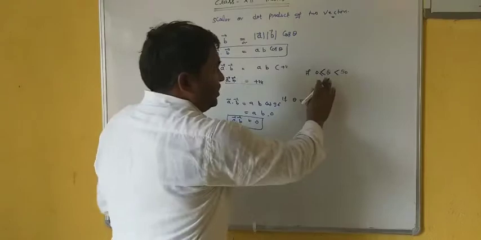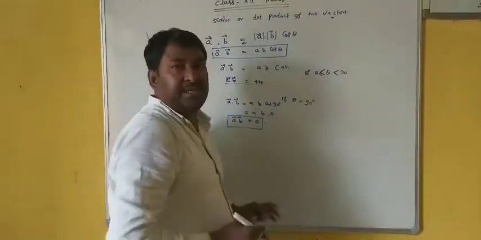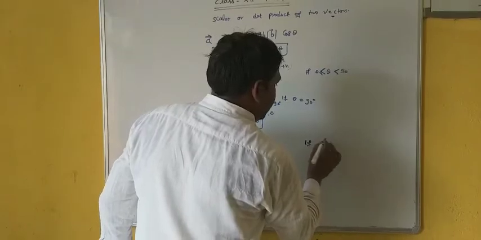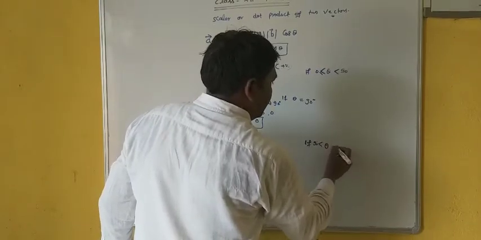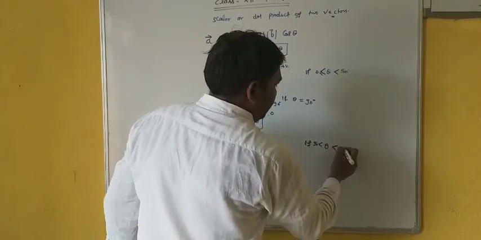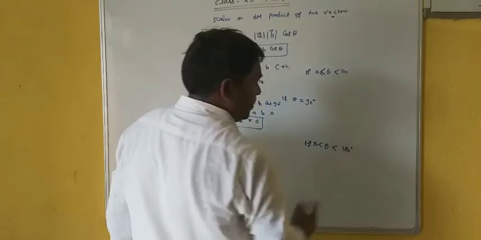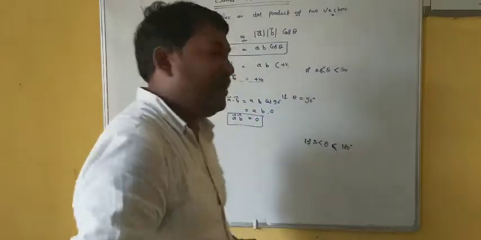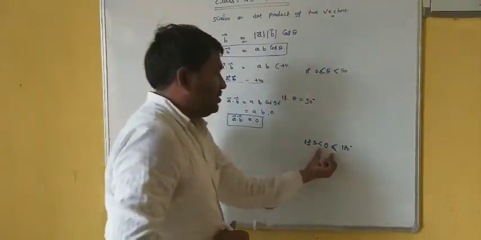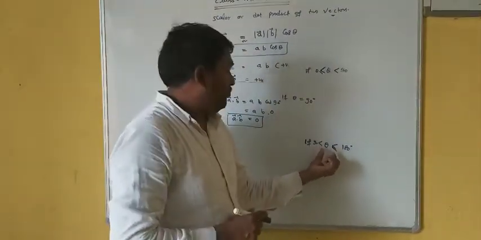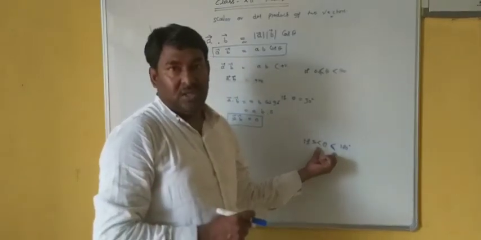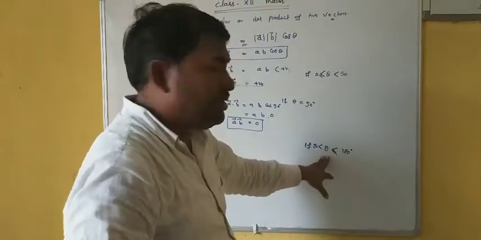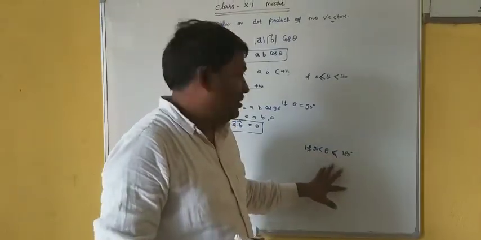Now, if theta is more than 90 degrees and less than or equal to 180 degrees, then as you know, this angle range will be in the second and third quadrants.